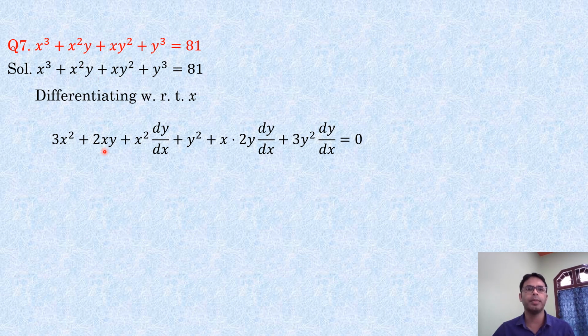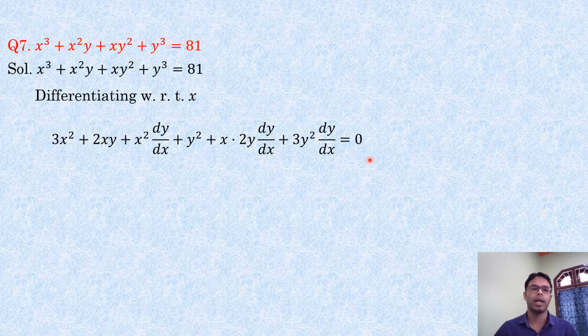So x square derivative 2x, y remaining same, plus x square remaining same, y derivative dy/dx, plus here x into y square product function again, x derivative is 1 and y square remaining same, plus x remaining same, y square derivative is 2y, and for y dy/dx, plus y cube derivative is 3y square, and for y you have to write dy/dx, equal to 81 constant number, so derivative is equal to 0.